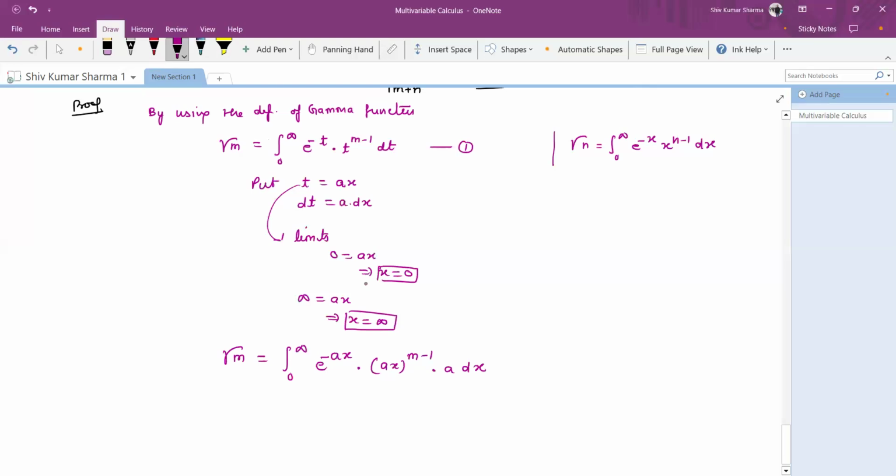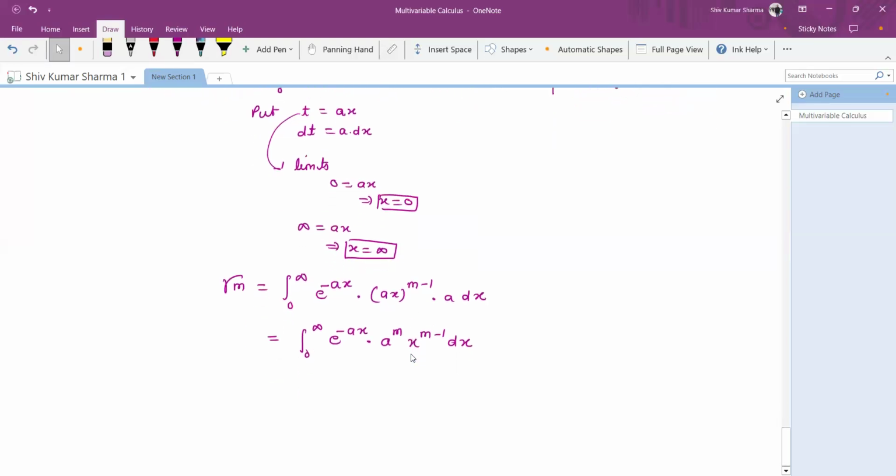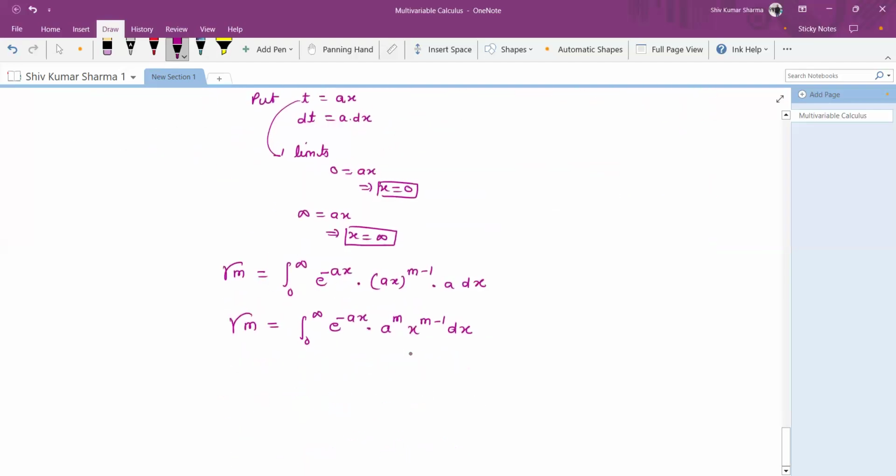So this can be written as integral 0 to infinity e raised to the power minus ax, a raised to the power m minus 1 times a, which is a raised to the power m, into x raised to the power m minus 1 into dx. This is our equation number 2.